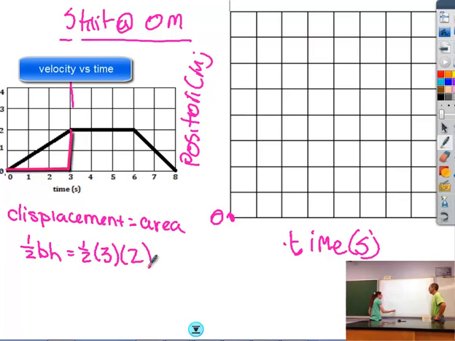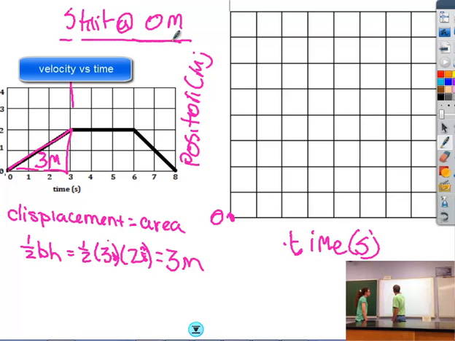Oh, and I should have put some units in here. 3 seconds for my base, height 2 meters per second. So when I'm looking at my units, seconds cancel, and I'm going to end up with 3 meters. So in this first section, your displacement was 3 meters. Because I told you where you started, you also know where you ended. I'm going to end at 3 meters away from the detector.